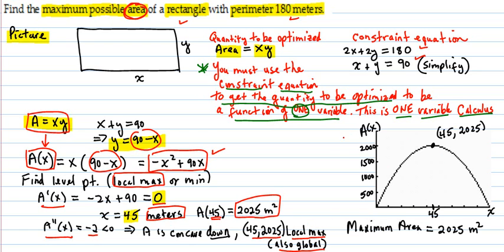Then you graph it. You always graph the function of one variable to make sure you found the correct point. 45 is right here. 45, 2025. It all checks out that it's a local max, concave down, and there's your maximum area.